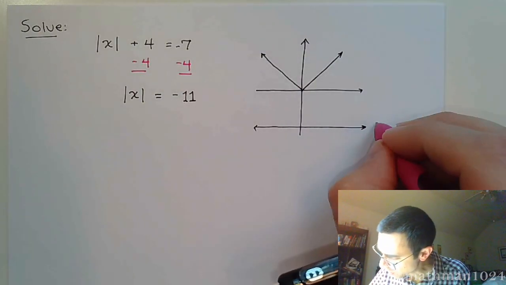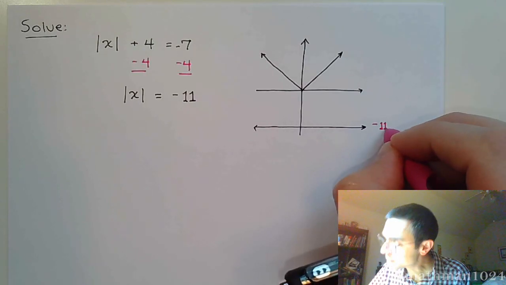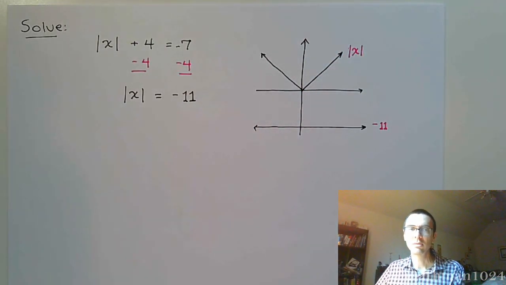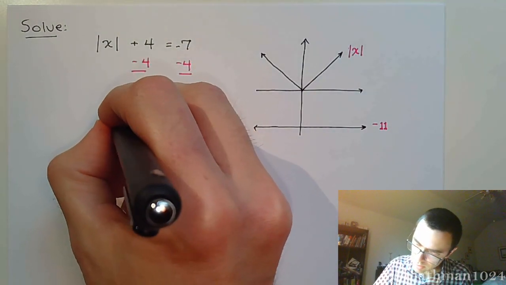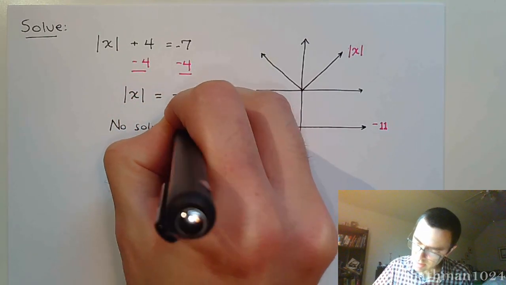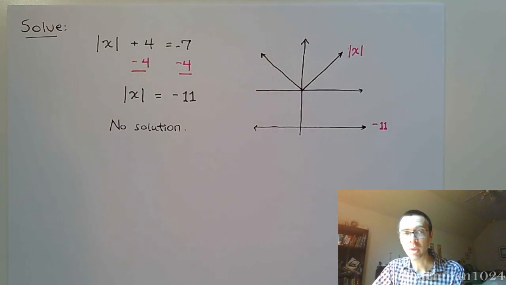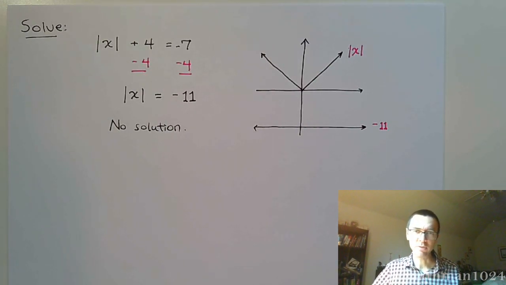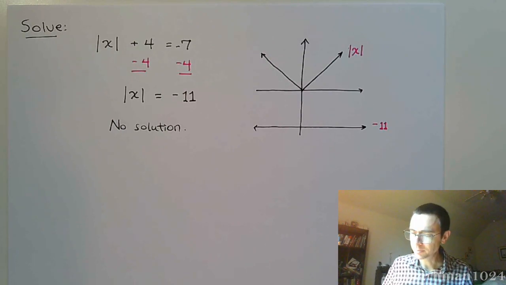And so if you're trying to figure out where negative 11 and the absolute value of x intersect, well, they don't. And so we end up here with no solution. Okay, so you got to watch out for that. The absolute value is never going to give you a negative number, no matter what you do.